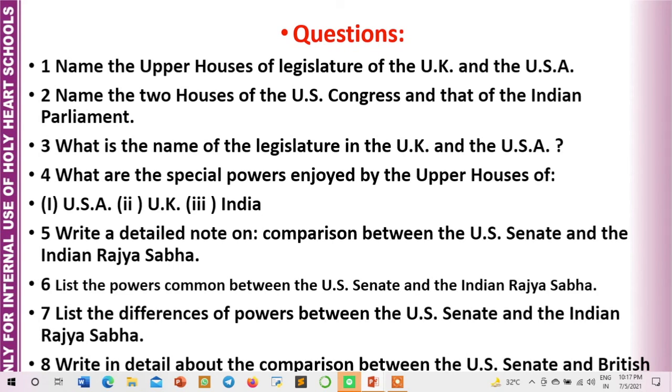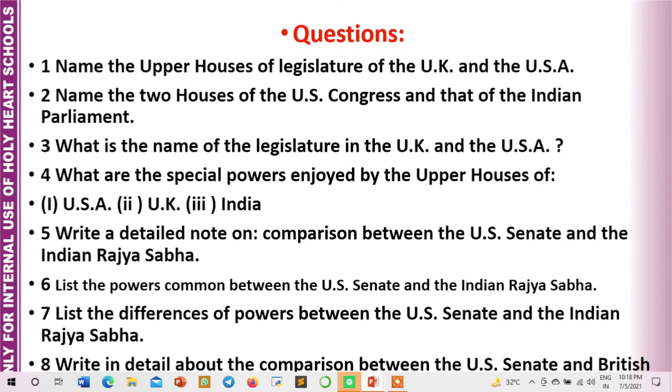And the second difference is the US Senate has complete control over the executive, meaning the president's orders related to the signing of treaties, appointing the members of his presidential committee, all this needs the approval of the Senate. But as far as the Indian Rajya Sabha is concerned, it has no such power.